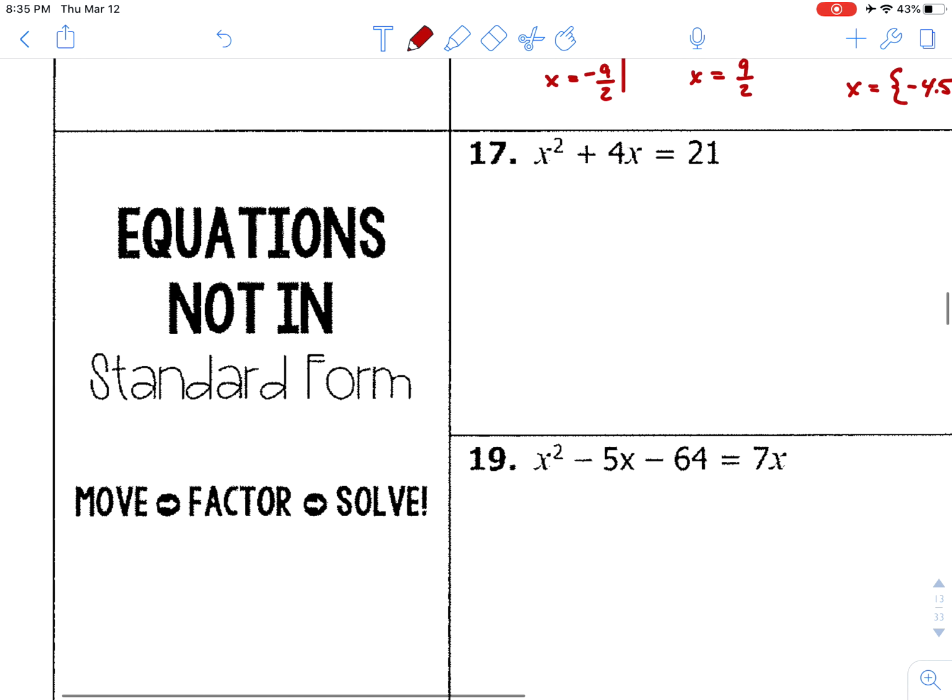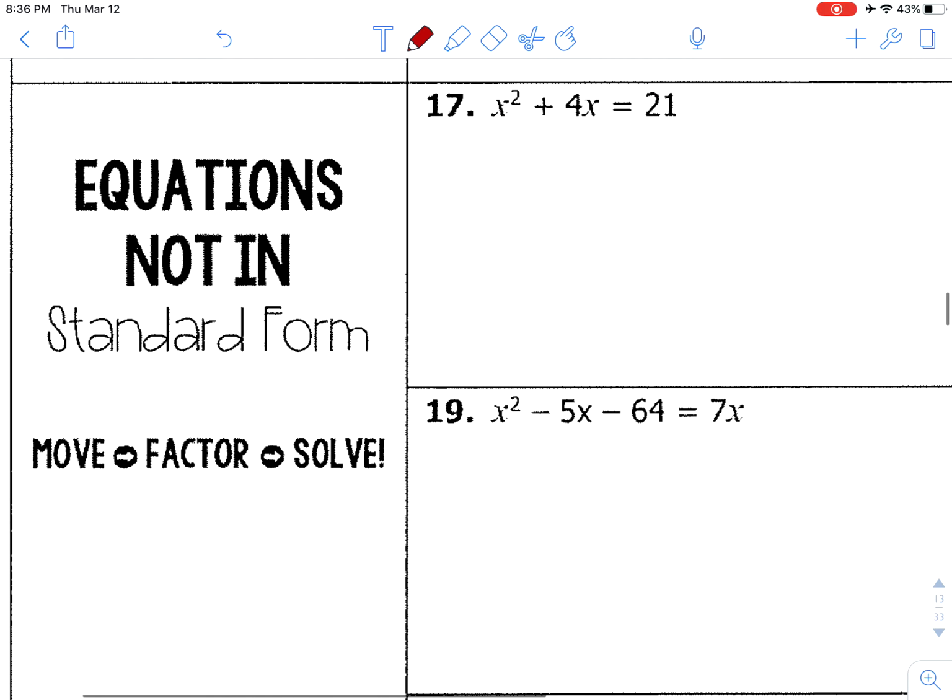The next section is equations that are not already in standard form. So again, the one thing that I really need to do is to put it into standard form before I can factor it. Right now I have x squared plus 4x equals 21. I can't necessarily factor this yet because it's not set equal to 0.